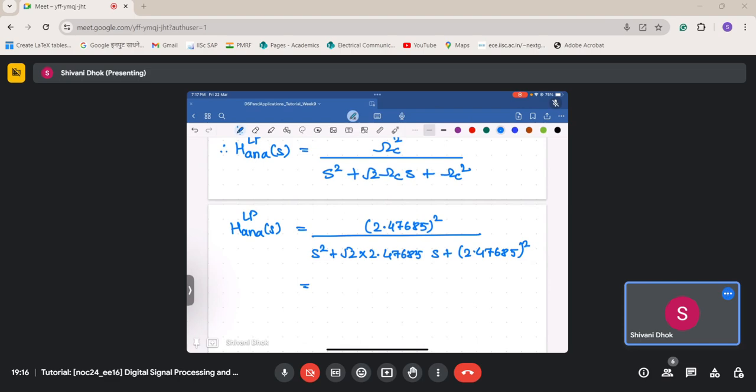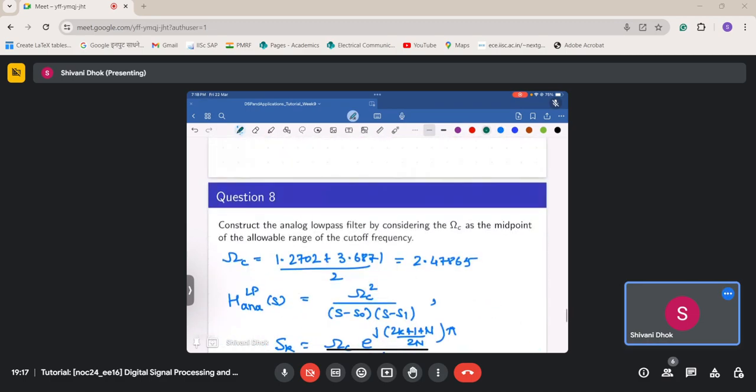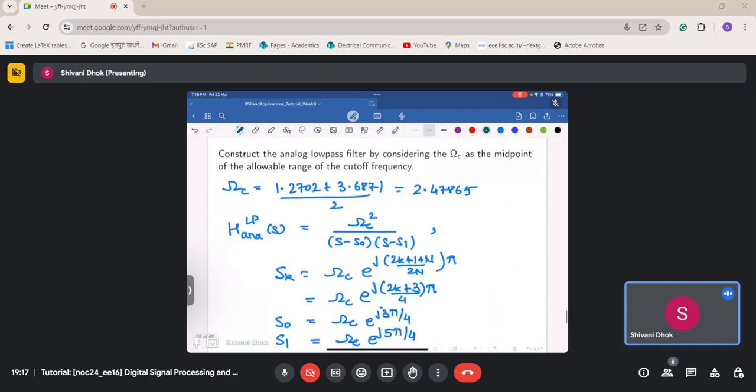This comes out to be 6.1437 divided by s square plus 3.5053 s plus 6.1437. So this is the analog low pass filter which we wanted to find in this particular question.